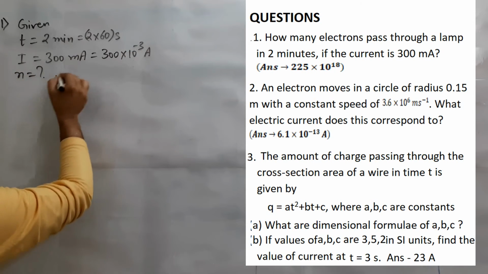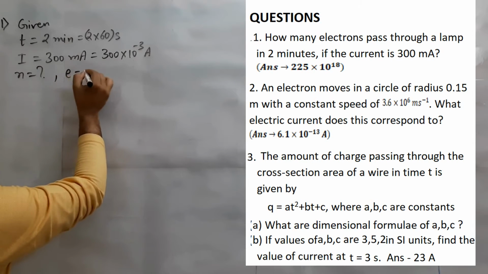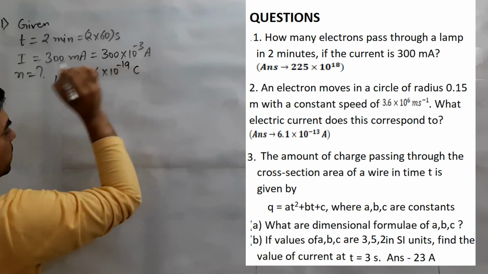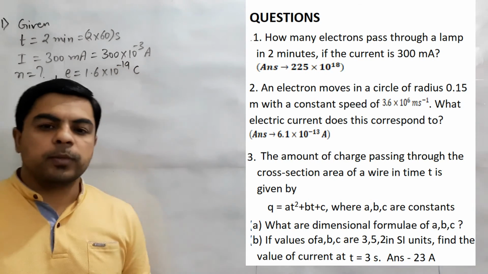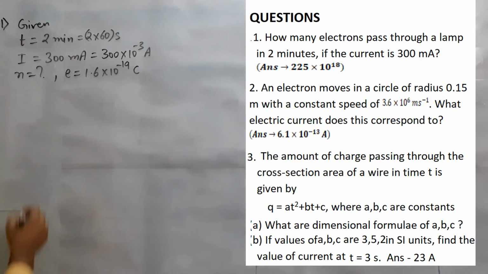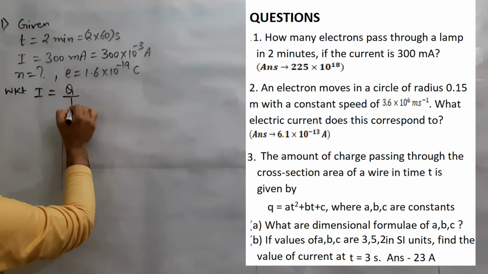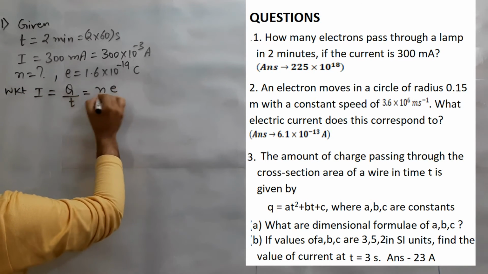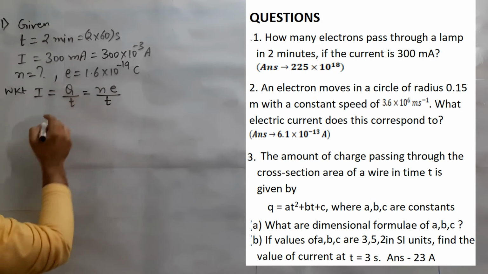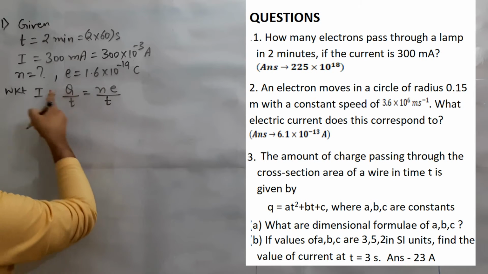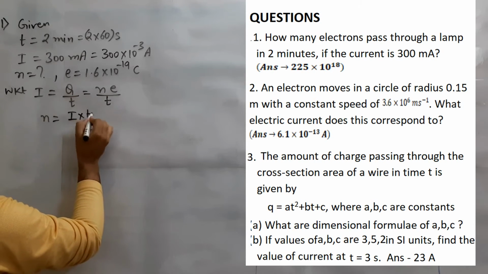For this we need the charge of an electron, which is 1.6 into 10 to the power minus 19 coulomb, and we know this from our unit on electrostatics. We know that the formula for current is charge upon time, which can be expressed as NE upon T.